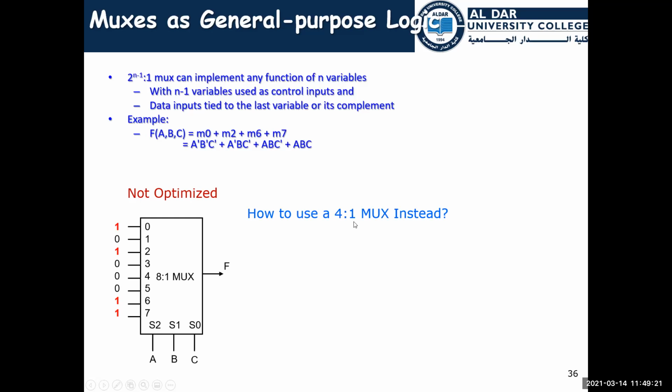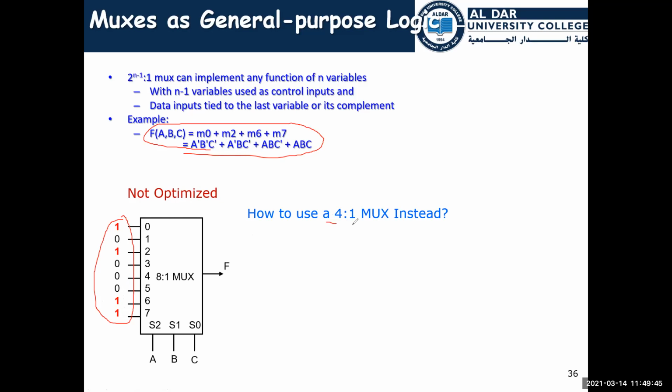We can use a 4 by 1 multiplexer instead. We will implement the same function here. Our objective is to implement this function. We already implemented it, as you see here. So this multiplexer represents this function. But this is redundant logic. It is a very huge multiplexer compared to the logic needed.